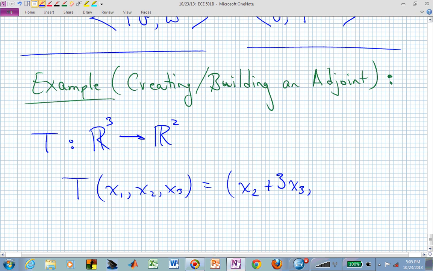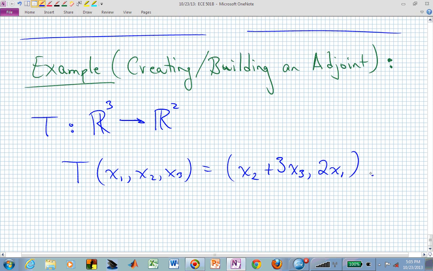And our second coordinate in R2, let's just say, is 2 times x1. So there is our linear map, and that's a way of taking a 3-vector to a 2-vector.